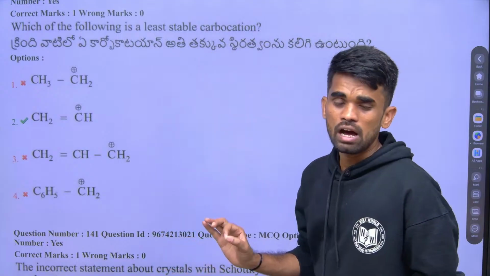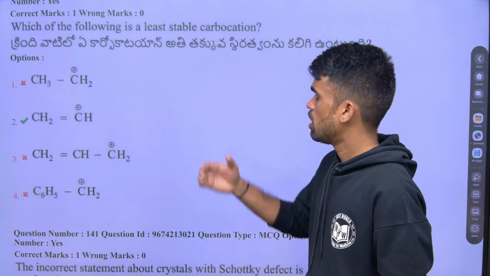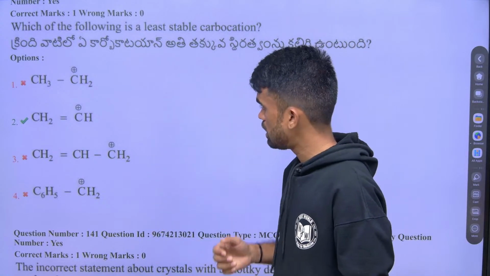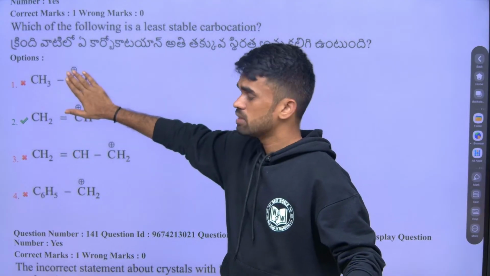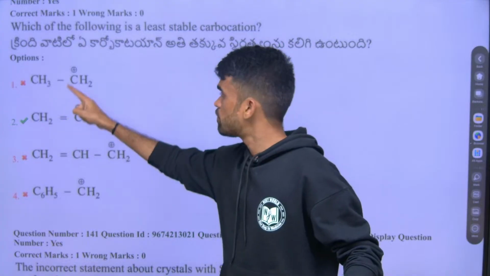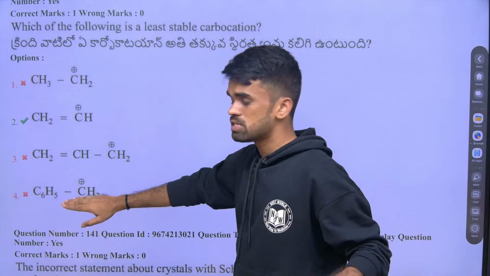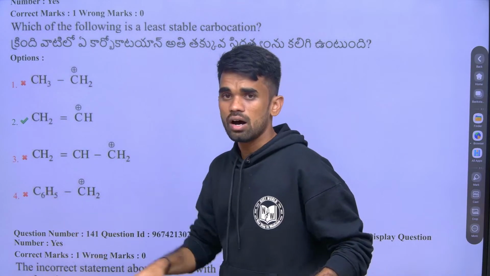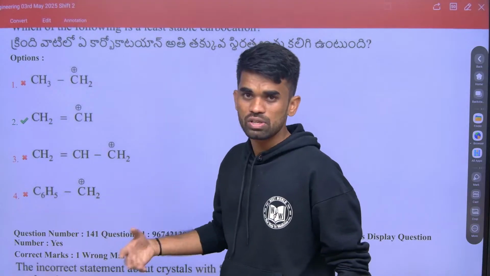If I wanted to ask you the order of stability, how can we write it? So the second option is the least stable. Out of these two, this one is stabilized more because the phenyl ring is there, the benzene ring is attached to this, so there are more resonating structures.